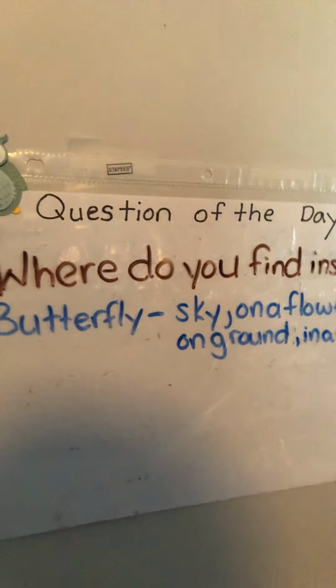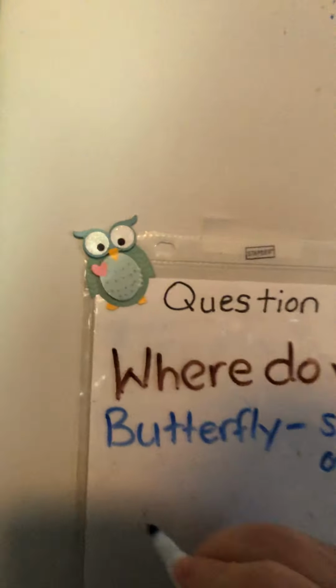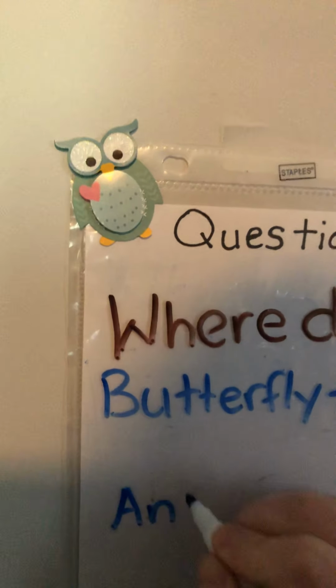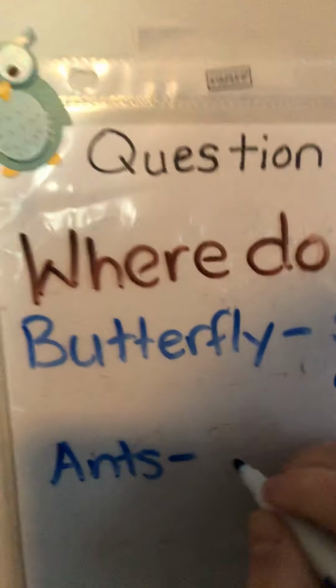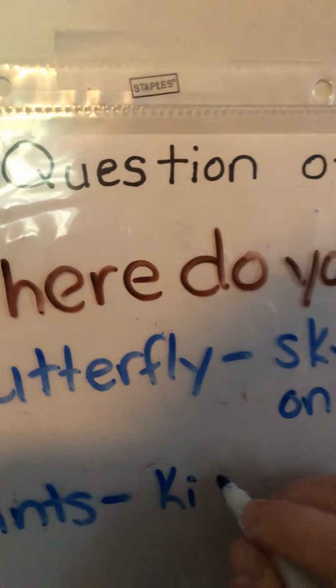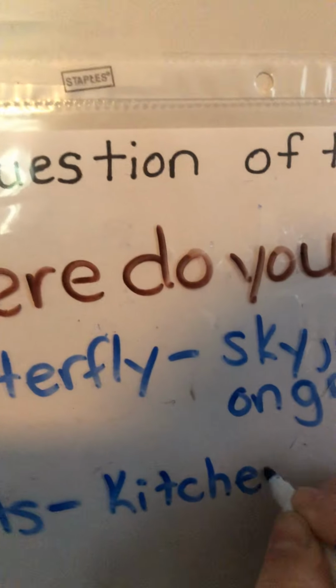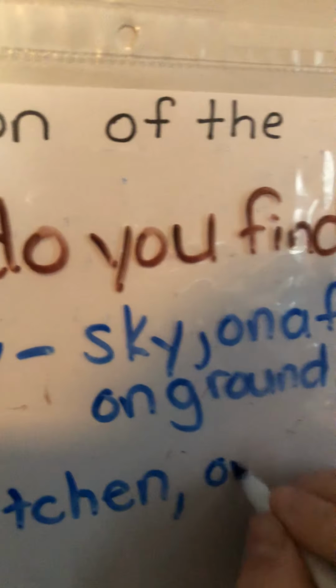Let's see, what other insects have I seen? I've seen some ants. They were actually in my kitchen. But where else could you find them? You would find them on the ground.